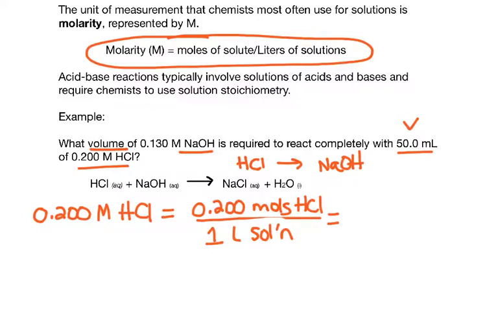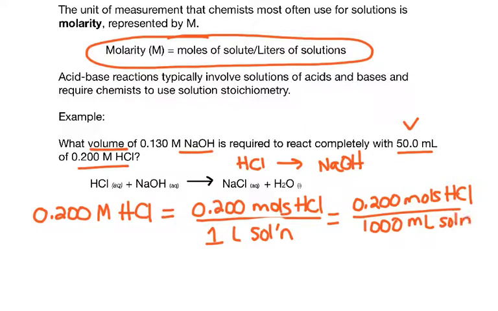Usually we're working with much smaller quantities, so we're using milliliters. So that means there's 0.200 moles of HCl for every 1,000 milliliters of solution.